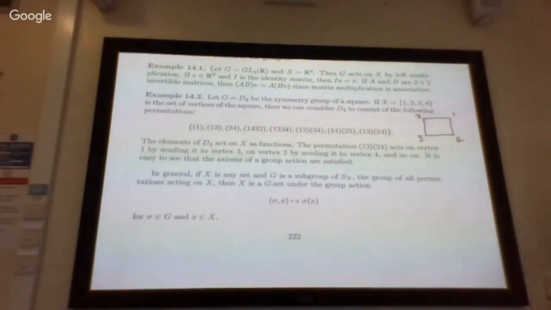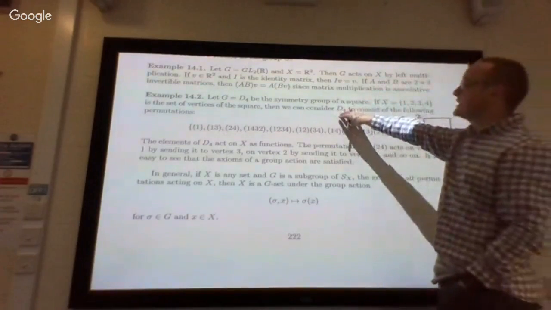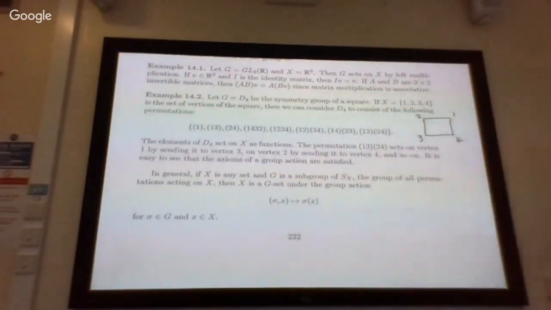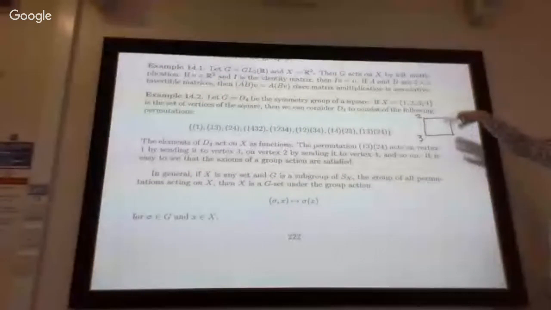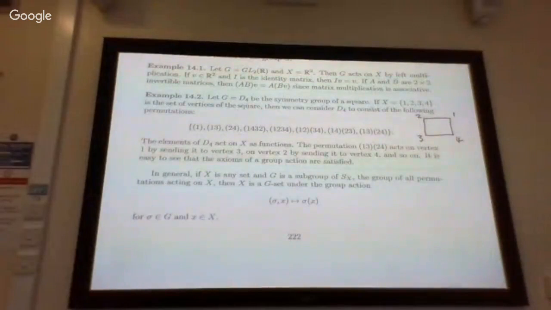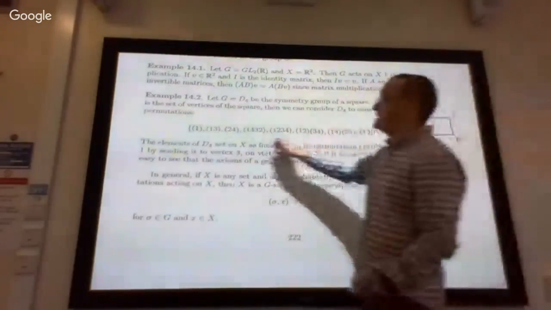And then we can represent the elements of the dihedral group D4. Remember, D4 is the symmetry group of the square. So the group of rotations of the plane, reflections of the plane, certain axes that are symmetries of the square. It's a group of order 8. And represented as permutations of the vertex labels, you get these 8 elements here.